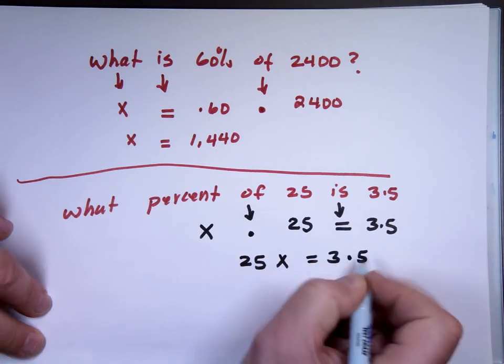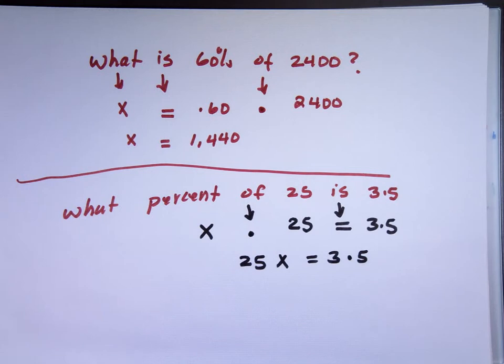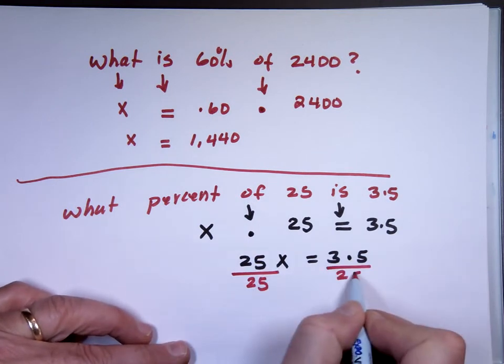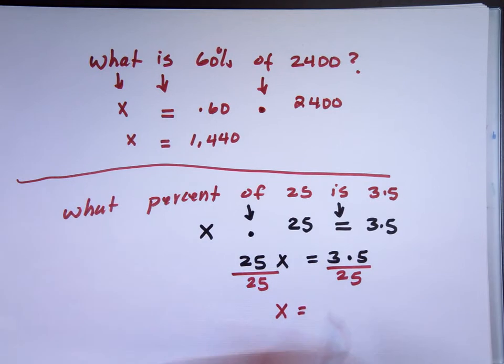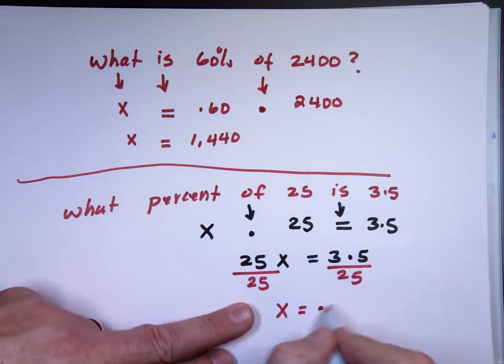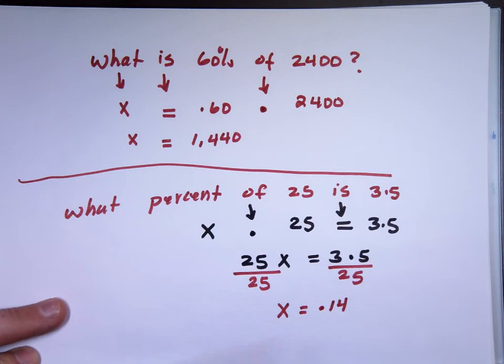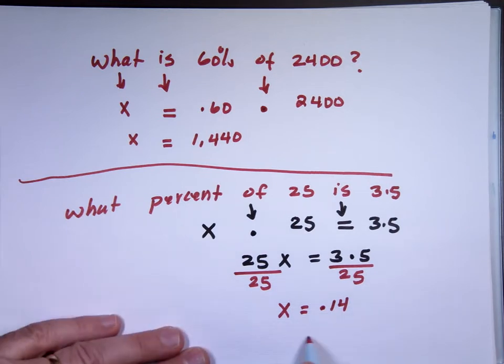To solve it for x, I have to divide both sides by 25, which is 0.14. We're looking for percent. That's not percent, that's a decimal value. So to make it a percent, what do we do? Move the decimal point 2 places to the right and it becomes 14%, or multiply it by 100.